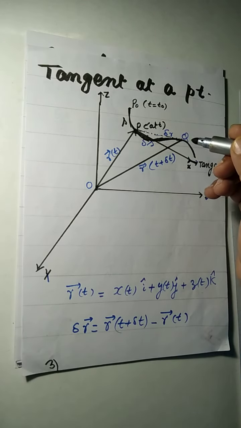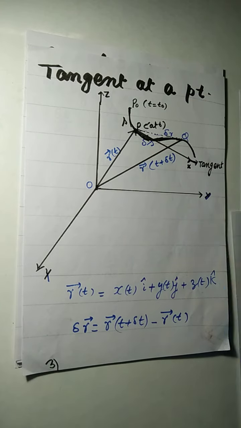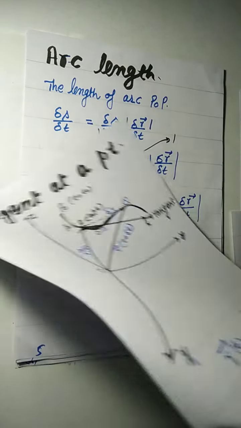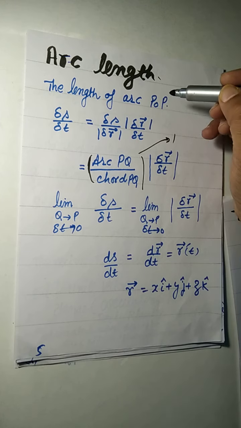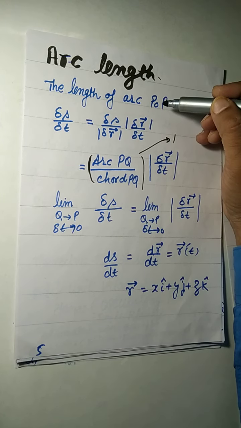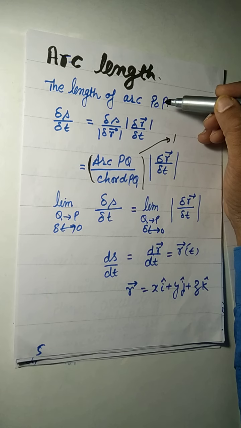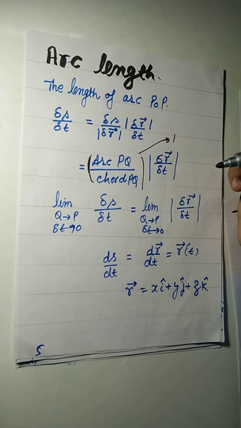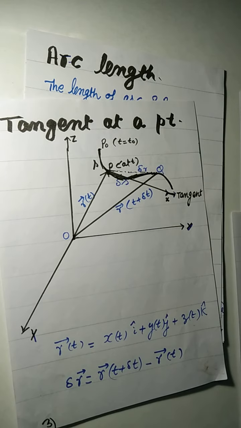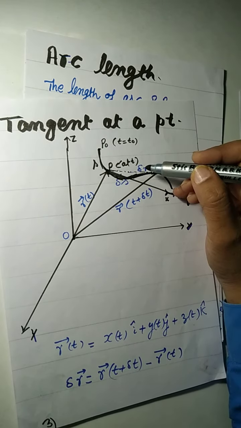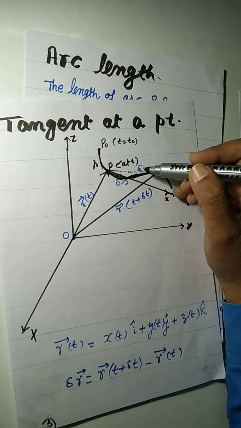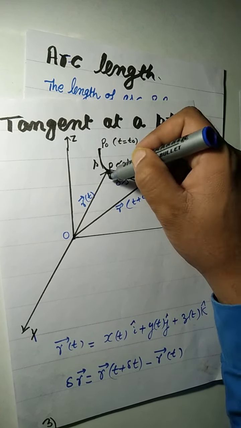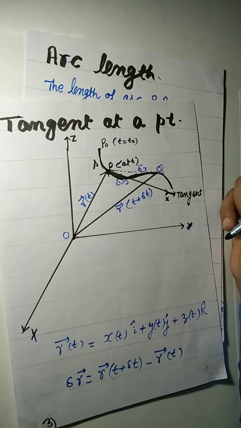Now, the arc length P0P is delta s upon delta t. So we can write it this way, and the ratio of arc PQ and chord PQ will be 1.